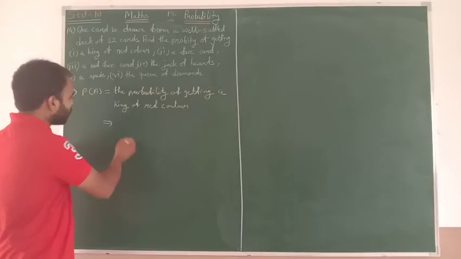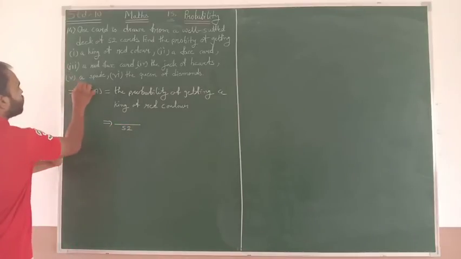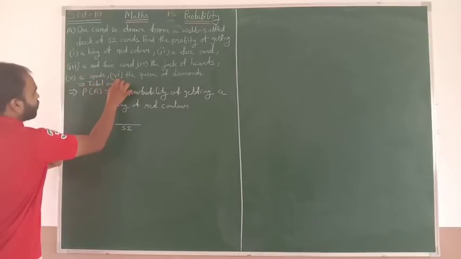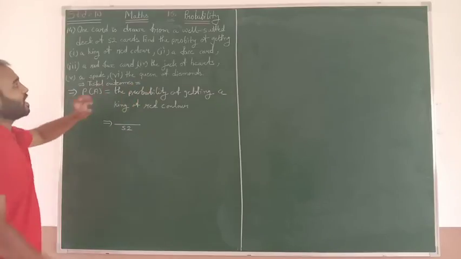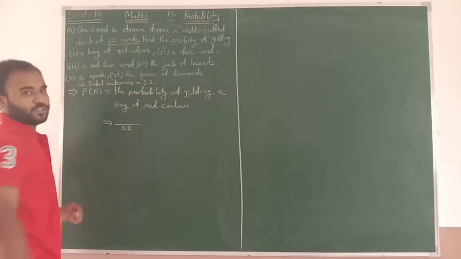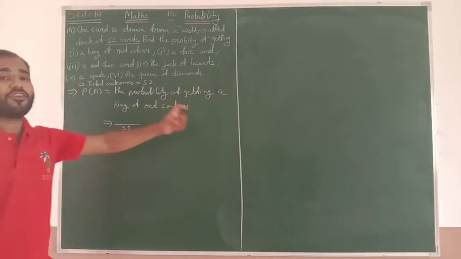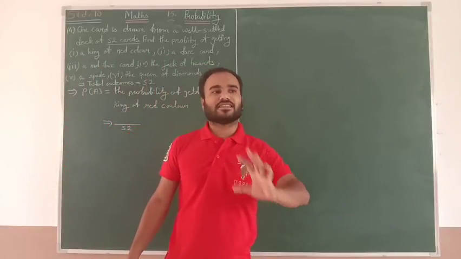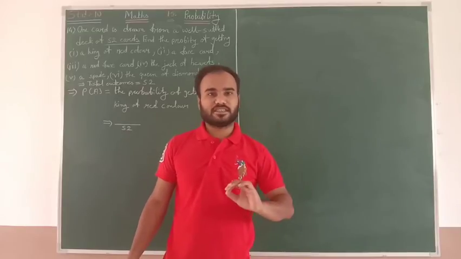Now the total number of outcomes will be 52, as we know that total cards are 52, which is given to us in a deck of cards. Now, king of red color. So there are a total of 26 red color cards, which are the hearts and diamonds.